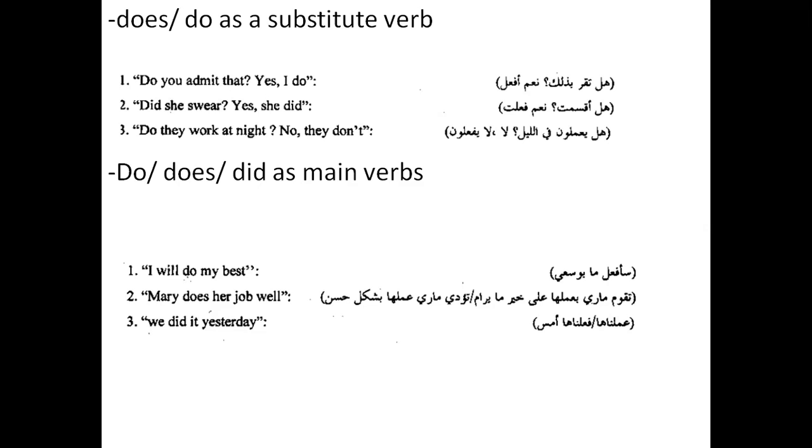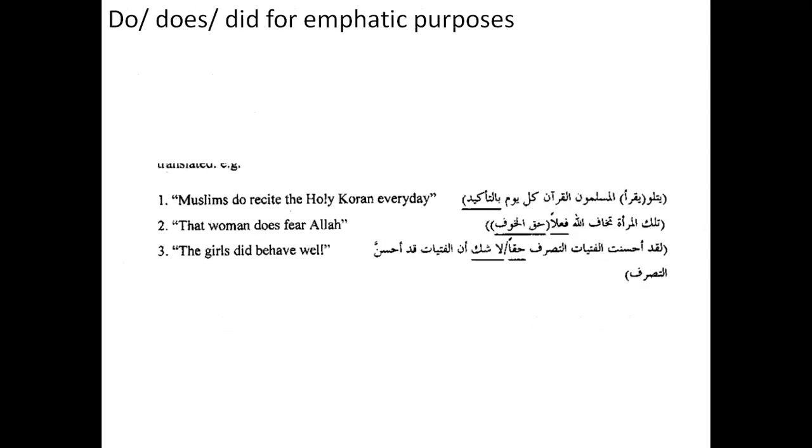So we have several options to render do, does, did. He did his homework yesterday. كتب واجبه بالأمس. So did is rendered as كتب. So do, does or did have several equivalent items in Arabic if they are main verbs.